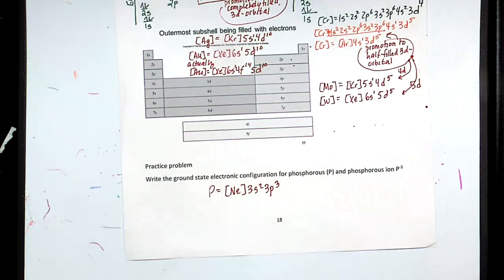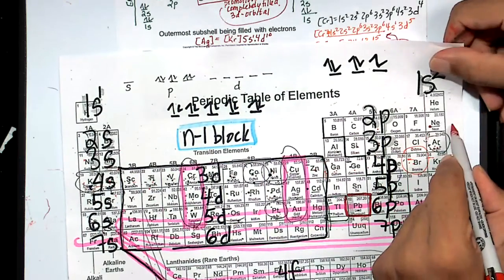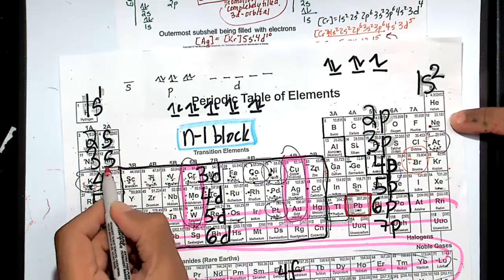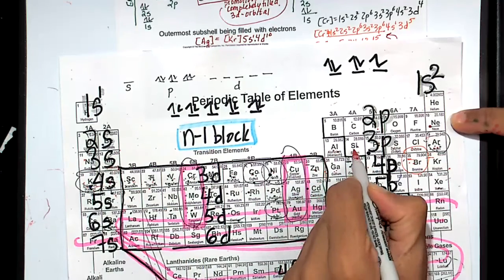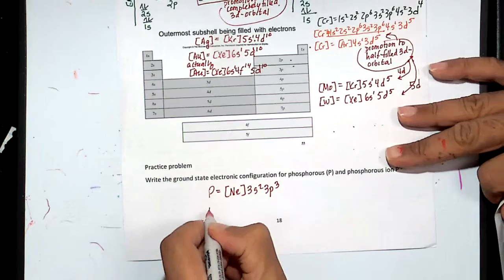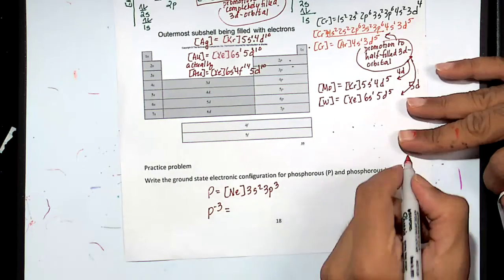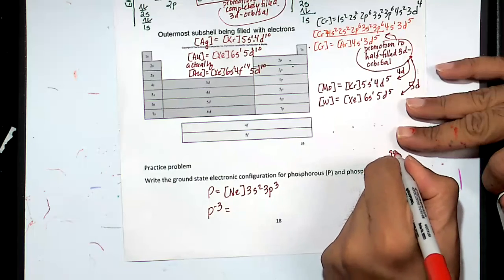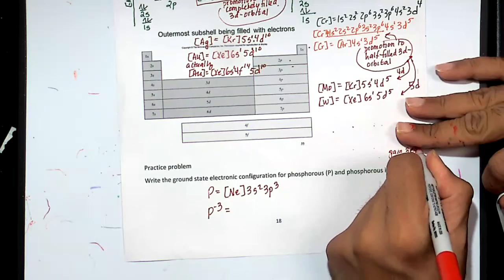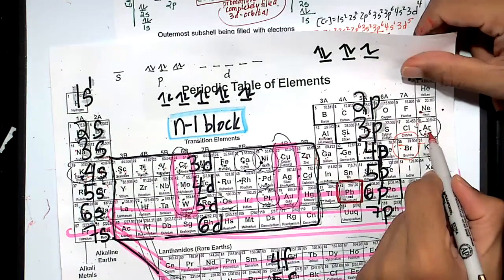Right? Phosphorus, neon, 3s1, 3s2, 3p1, 3p2, 3p3. And then finally, P3-, you gain 3 electrons. When you gain 3 electrons, you become 18 electrons.